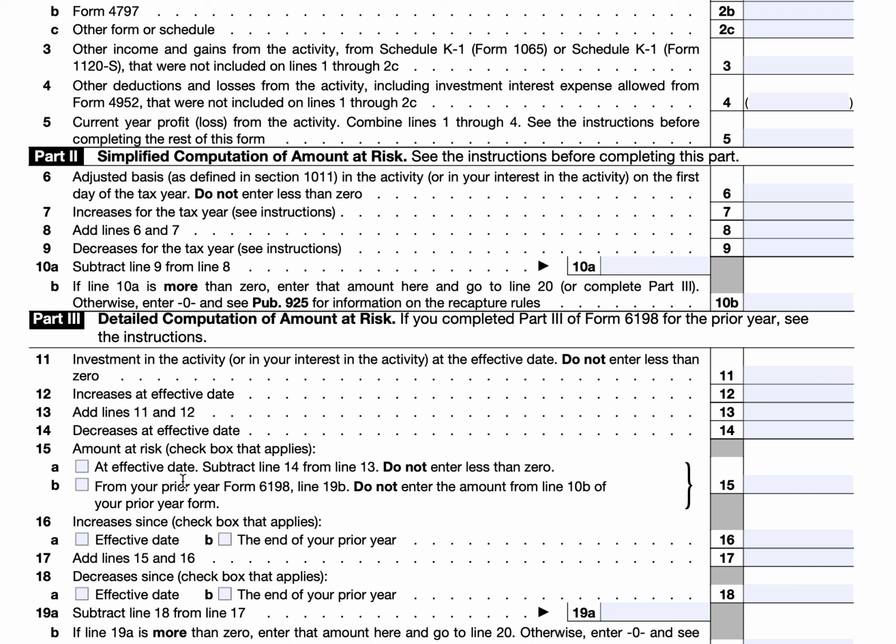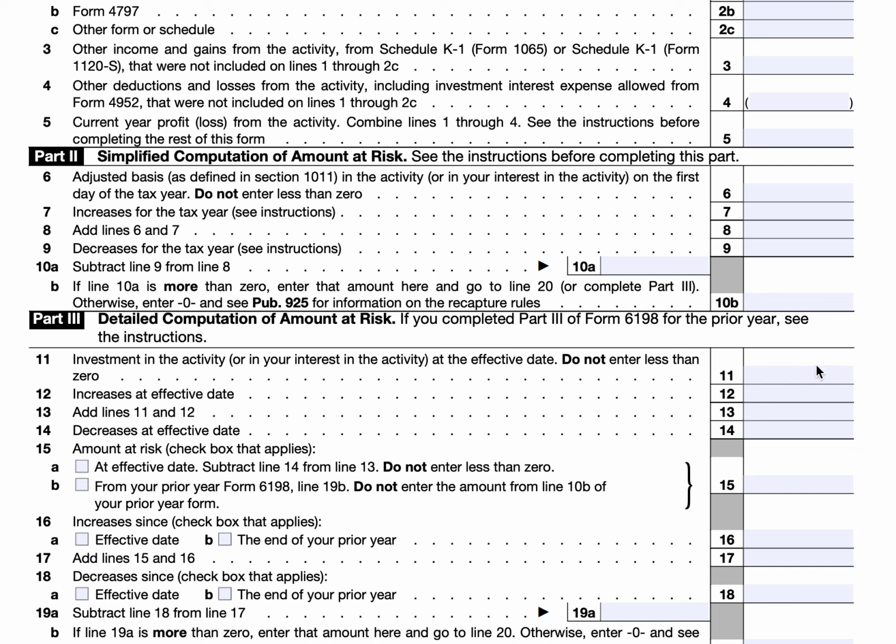So again, the more that you have at risk, the more of a loss that you can deduct on your tax return. And then the less that you have at risk, the lower the deduction. So we're on to part 3 right here.